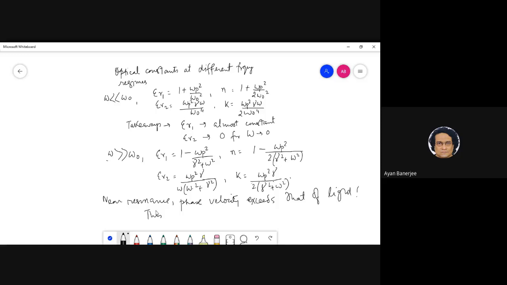This, however, does not violate STR, since no signals can still proceed at velocities greater than c. So maybe I will just stop today.